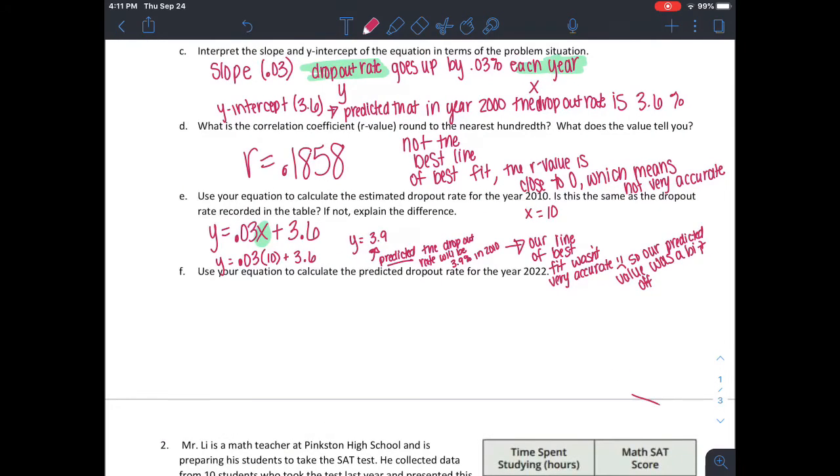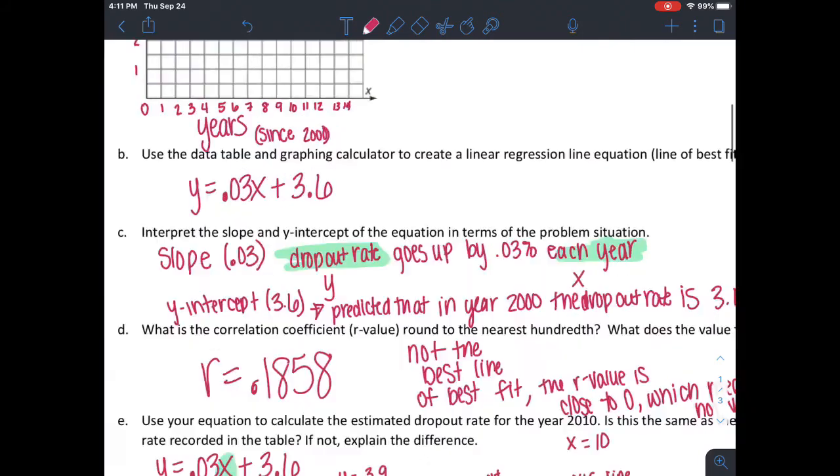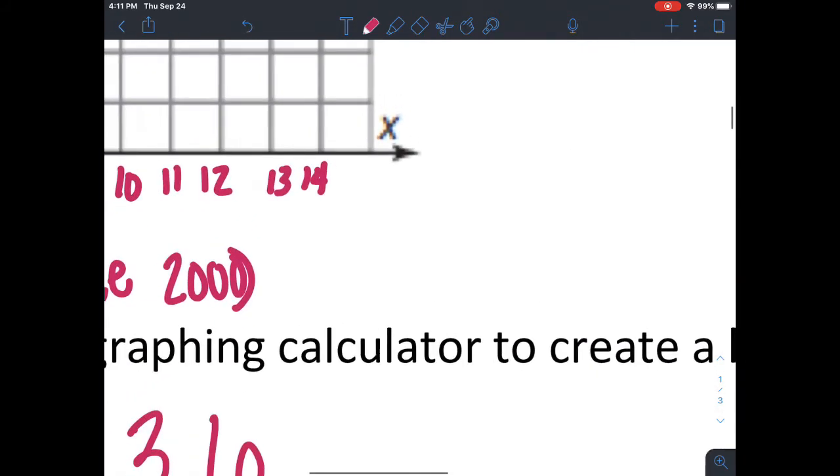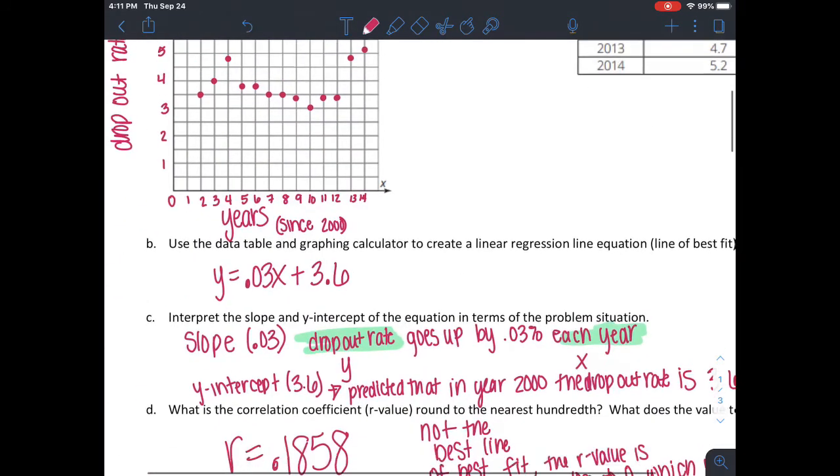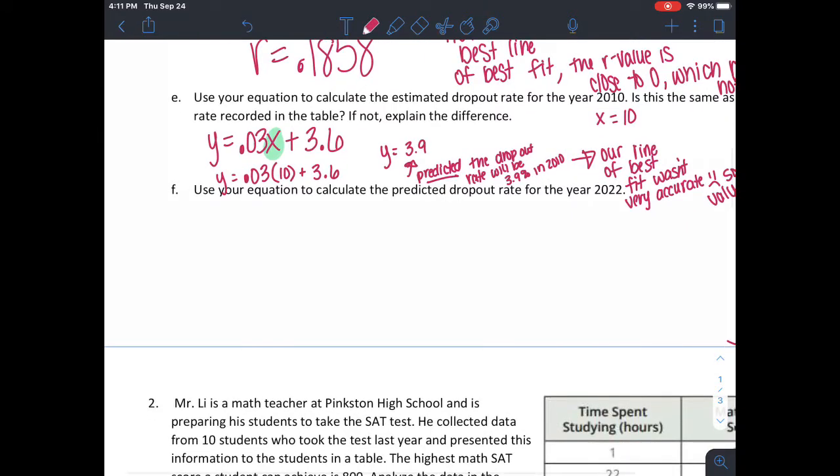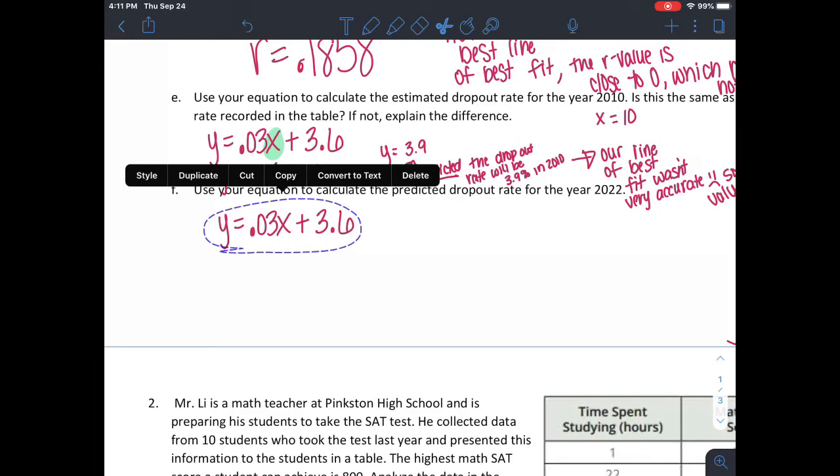Okay, and then use your equation to calculate the predicted dropout rate for the year 2022. That's a tongue twister. So in 8 years from now. So not on our graph yet, but again, let's just paste that same equation in.